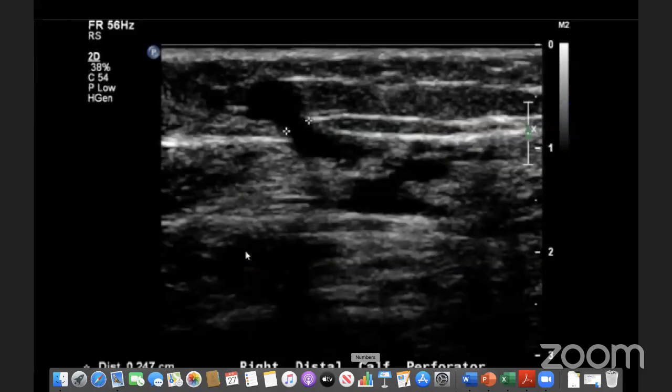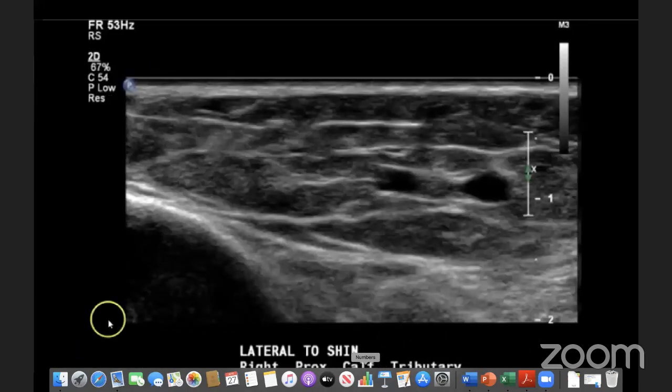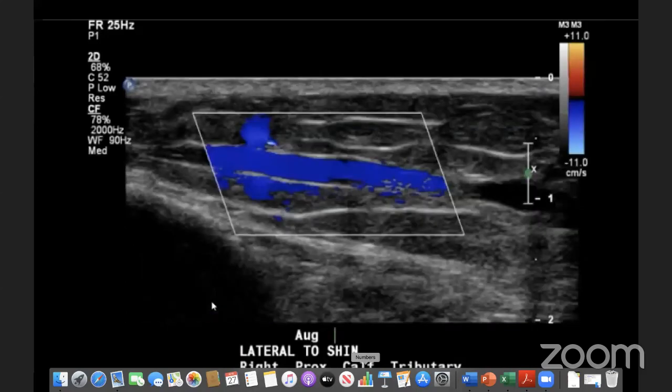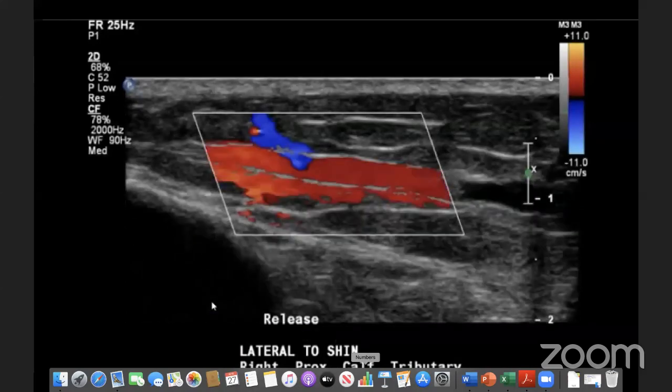The sonographer mentions a diameter measurement and then moves on to a tributary that is also identified lateral to the shin. And we can see a color augmentation and a release picture showing, again, reflux.